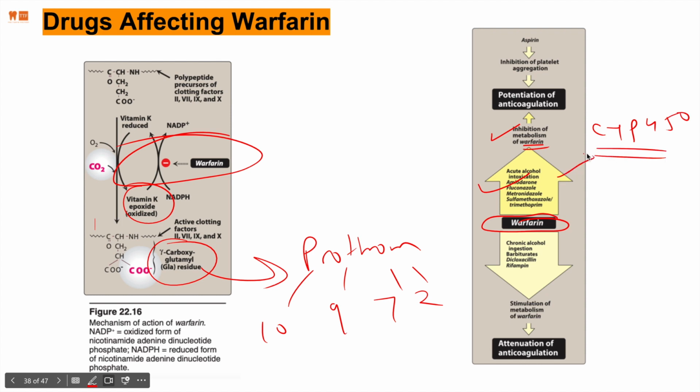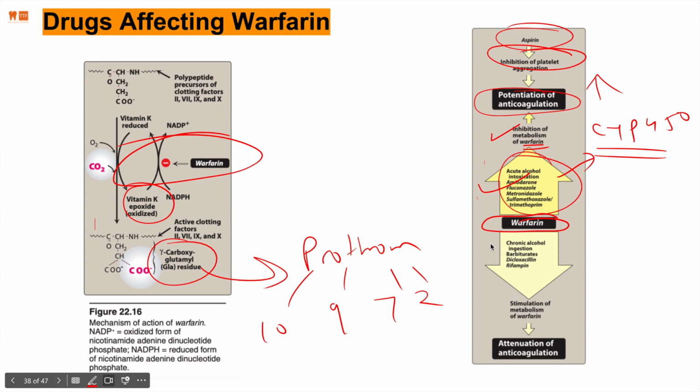They all are metabolized by that enzyme in the liver. Warfarin's metabolism is inhibited, therefore warfarin is still active. Therefore, potentiation of anticoagulation activity, and inhibition of platelet aggregation, and that's what aspirin does as well. Okay, so warfarin with these drugs becomes even more active.